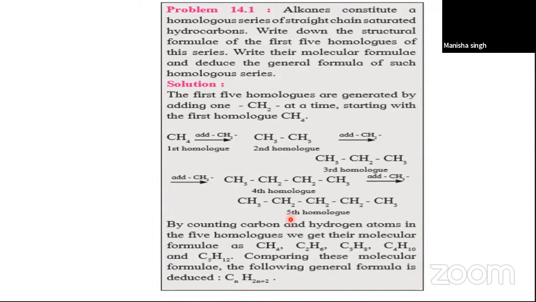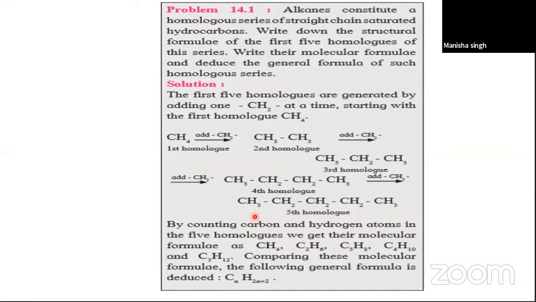So like this, if you want to write the members of a homologous series, you have to add a CH2 group. Now, they have also asked for the molecular formula. The molecular formula is very easy to write.